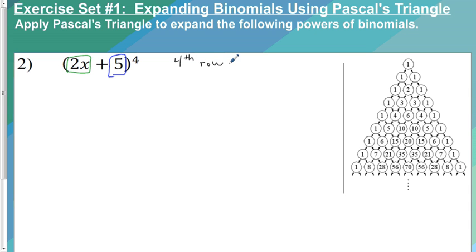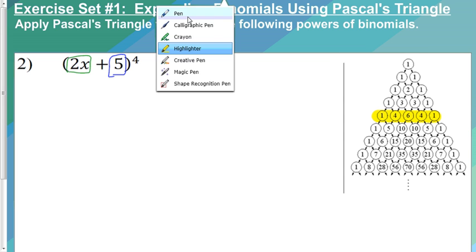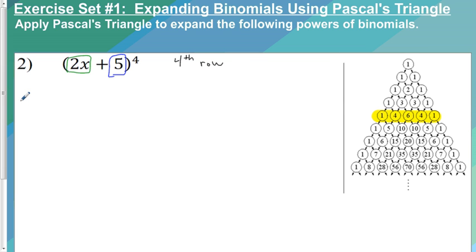So just look at the second term. So I see 2, 3, 4. So here's the row I want, 1, 4, 6, 4, 1. So again, I'm going to highlight it. Those are going to be my coefficients: a 1, a 4, a 6, a 4, and a 1.